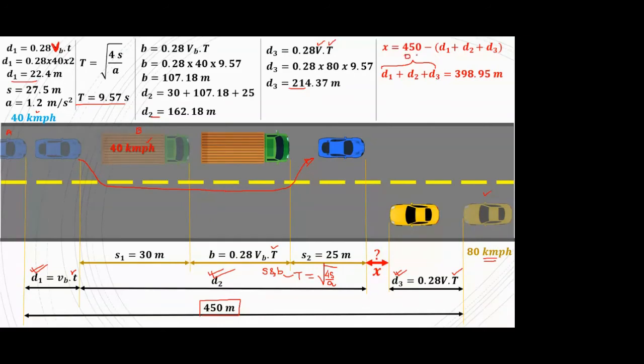Here they are not interested in that OSD value, but I have written here that D1 plus D2 plus D3 is 398.95. And then simply subtracting from 450, I get the value of X. So this is the end of the numerical.